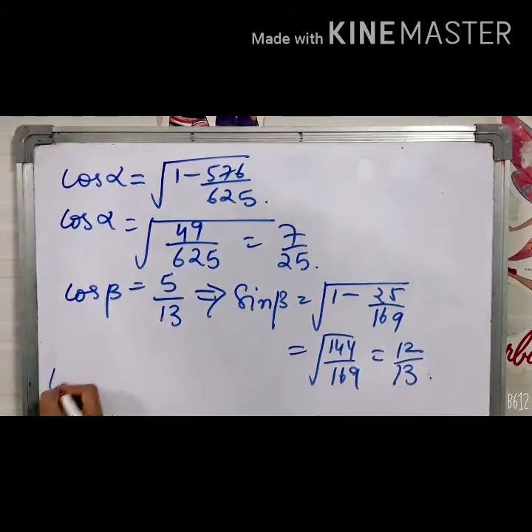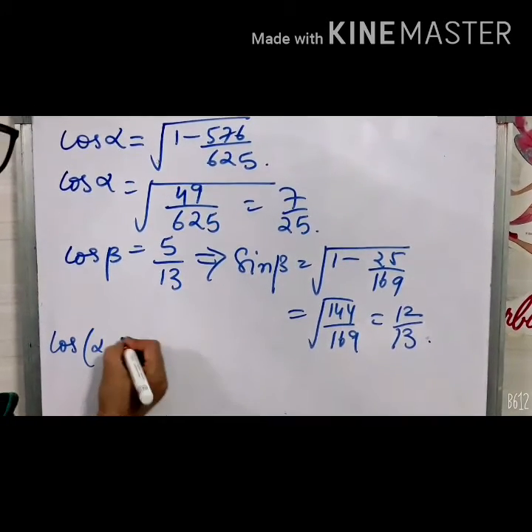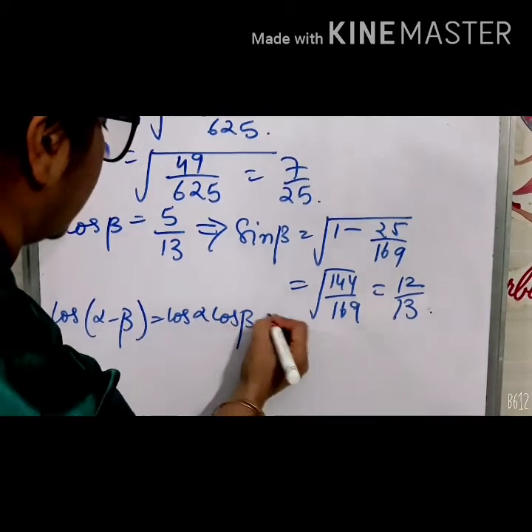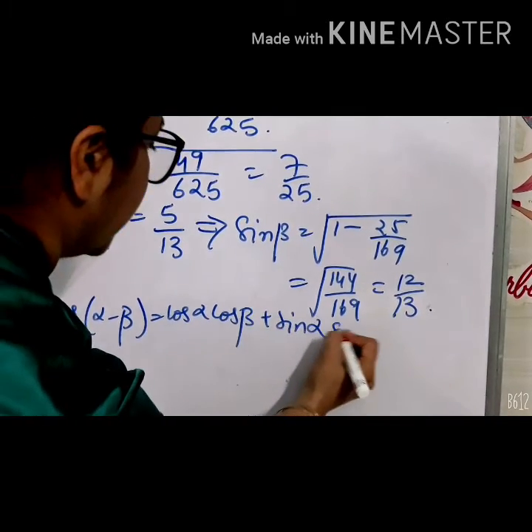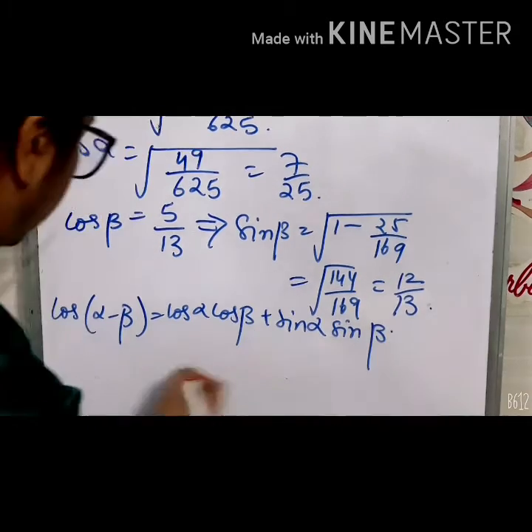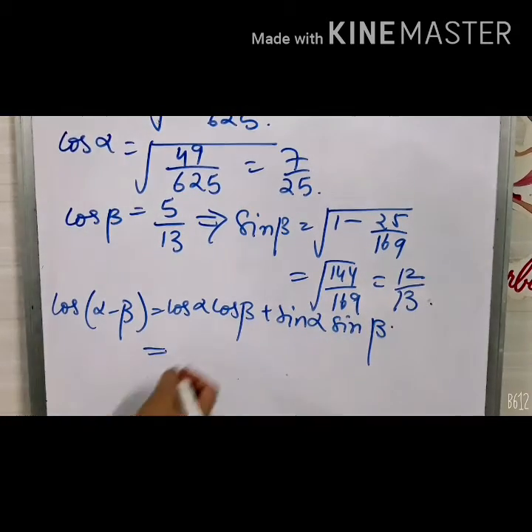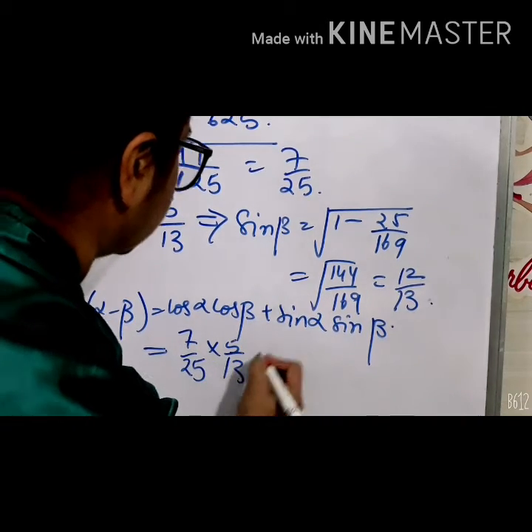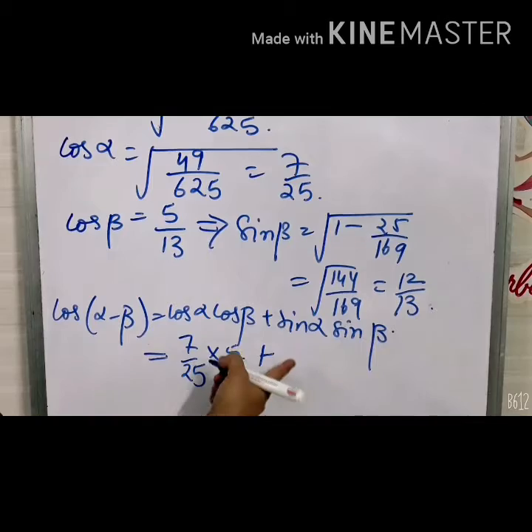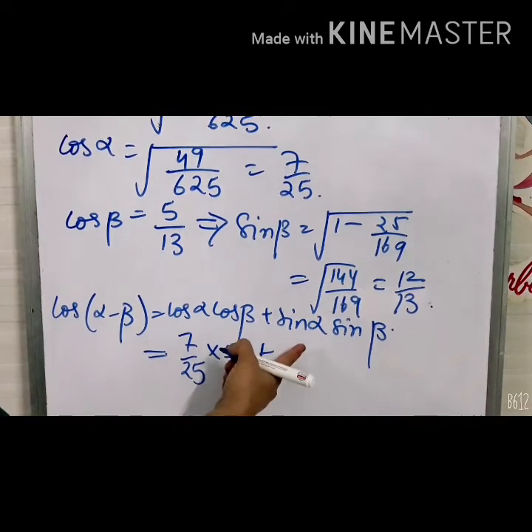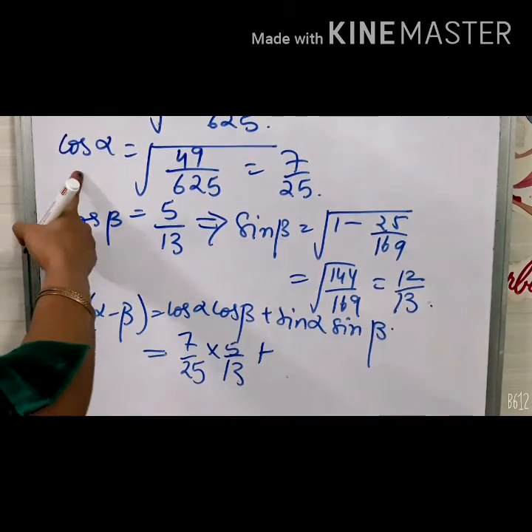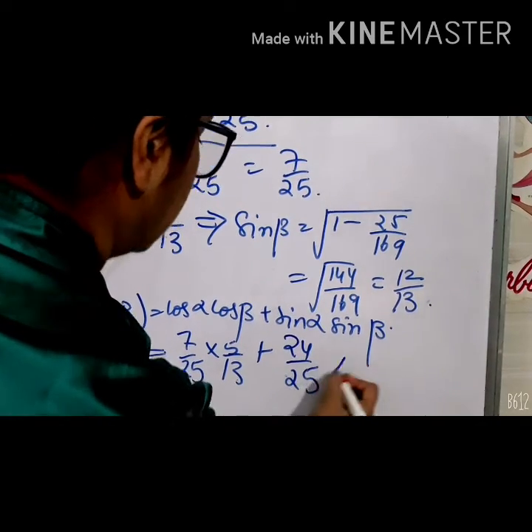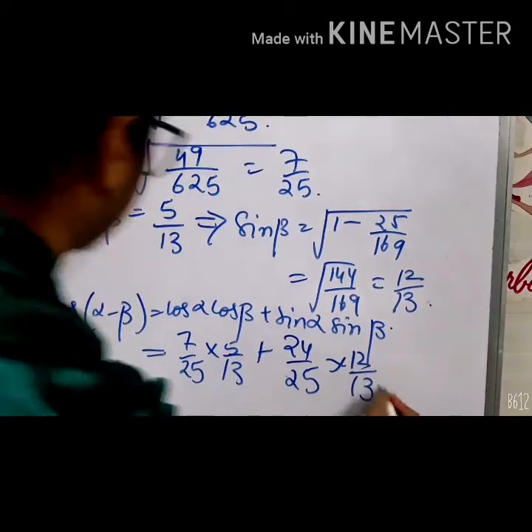Fine. We wrote the formula of cos alpha minus beta, that is cos alpha cos beta plus sin alpha into sin beta. Put the values. Cos alpha is 7 by 25. What is cos beta? 5 by 13. Plus what is sin alpha? Sin alpha is 24 by 25 and sin beta is 12 by 13.